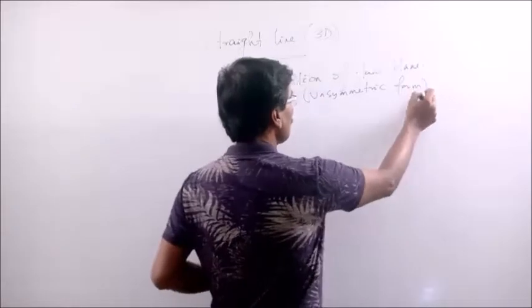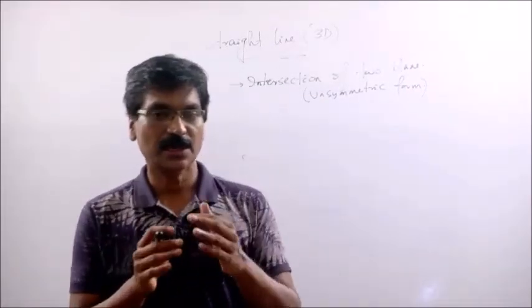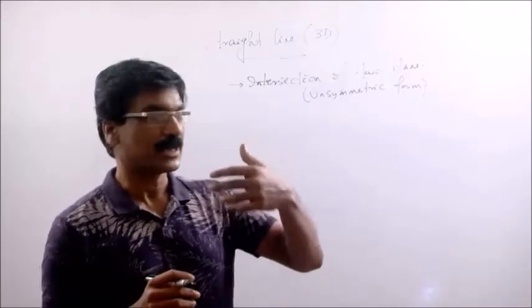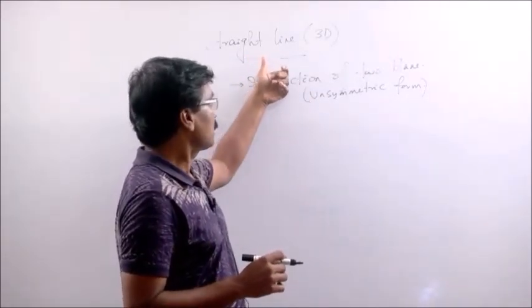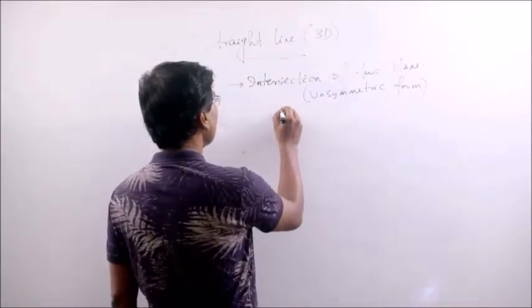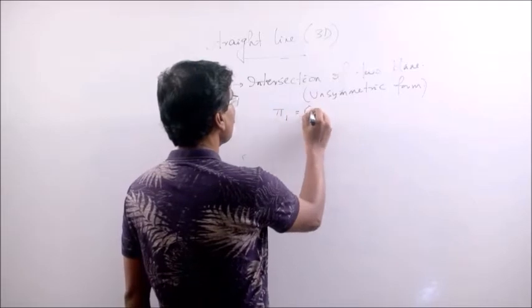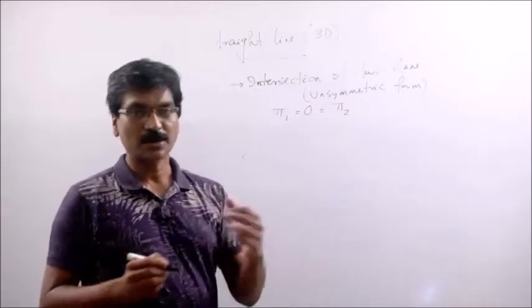That is, if 2 planes intersect each other, then their common points form a straight line, and that is called unsymmetric form. So it is represented by pi 1 is equal to 0 is equal to pi 2, where pi 1 and pi 2 are 2 planes.